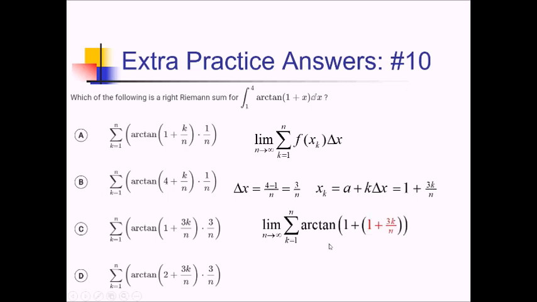So 1 plus 3k over n. And then for the dx, the delta x, that's going to be 3 over n. So naturally, this is none of the answer choices, but this can actually be simplified a tiny little bit. 1 plus 1 is 2. So now this is going to match answer choice D.